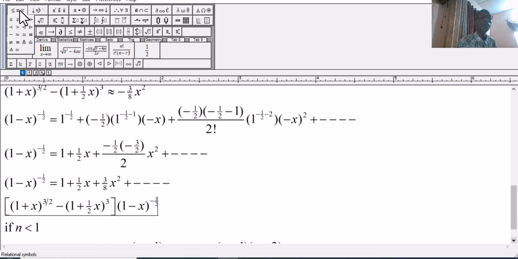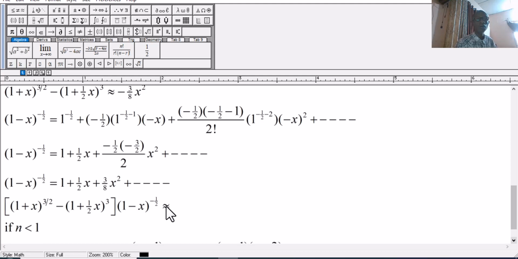So we have an approximation. So now this one which we got to be minus 3 over 8 x squared. Now also copy this also.